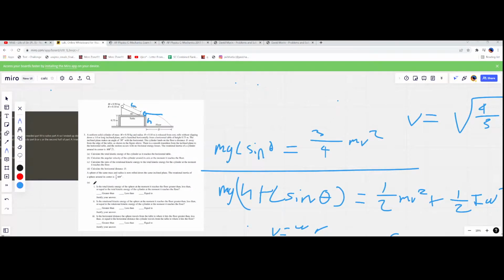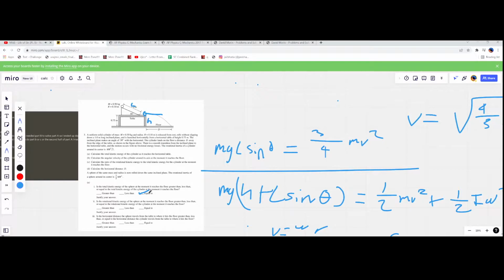Part E is asking, is the total kinetic energy of the sphere at the moment it reaches the floor greater than, less than, or equal to the total kinetic energy of the cylinder? So this is obviously equal to, because the total kinetic energy is just going to be the gravitational potential energy, which is not dependent on inertia at all.